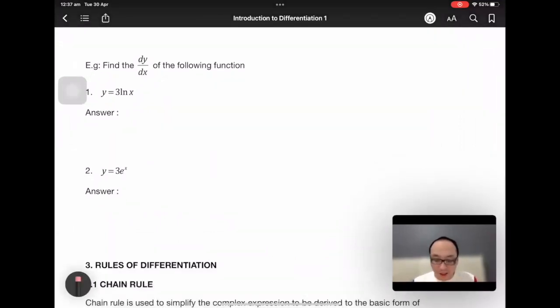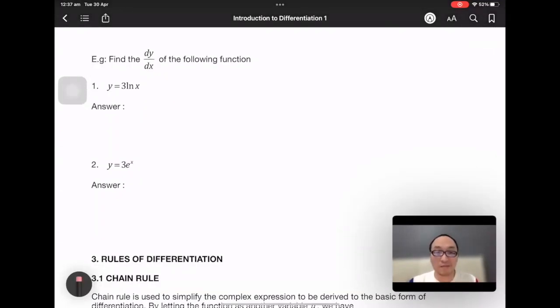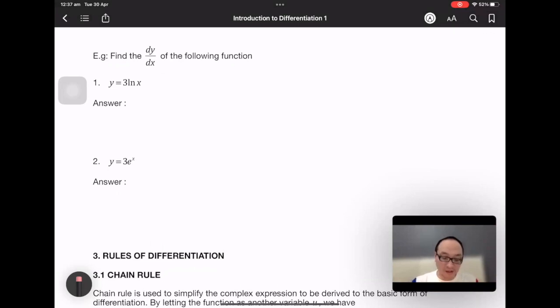Okay, let's see the example. Find the dy/dx of the following functions. Number 1, y equals 3 ln x. So dy/dx will be equal to 3 times the derivative of ln x, which is 1 over x, so it equals 3 over x.